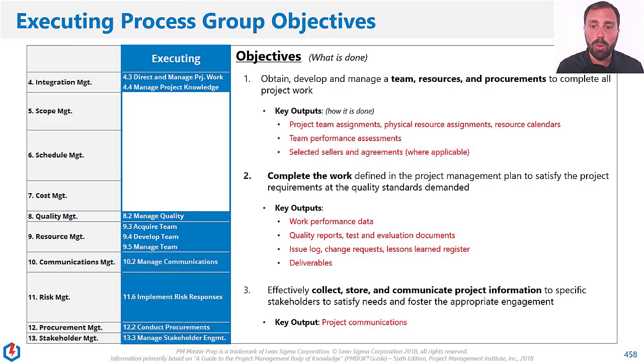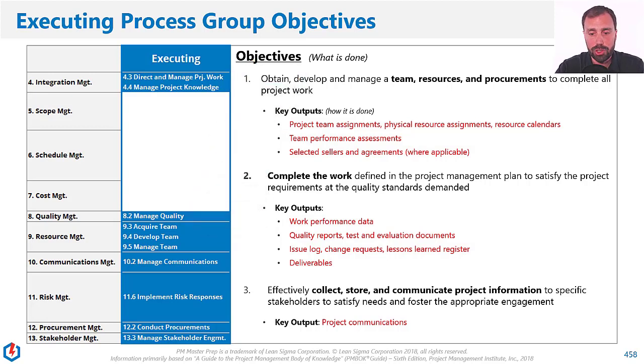So when we understand what we're really trying to do is we're building a team to get the work done, right? And then we're developing the team as we go through. And then we're actually completing the work, direct and manage project work. That top process over there, get the work done. And we know that we got to evaluate it with QA. That's that manage quality section.